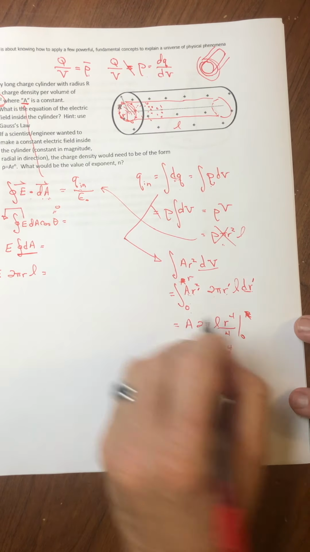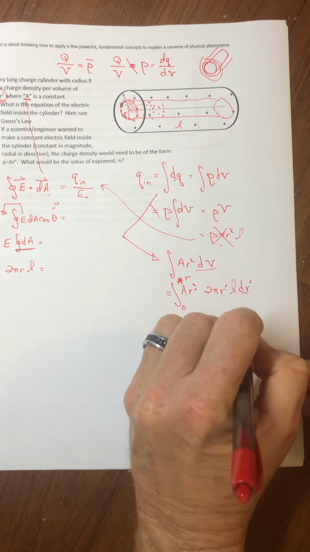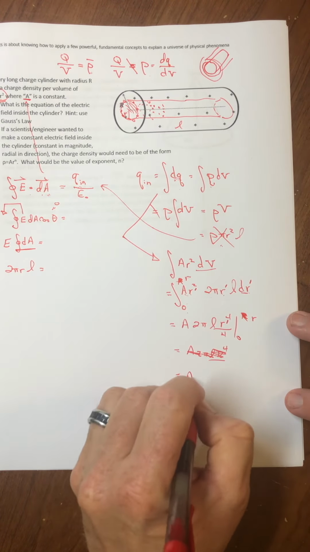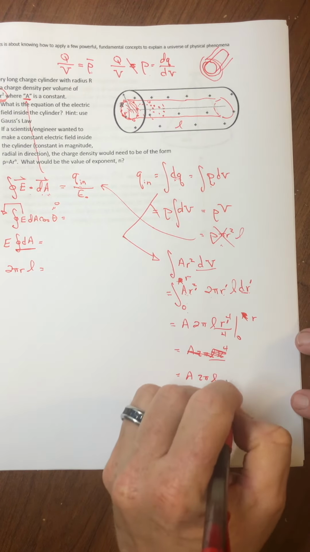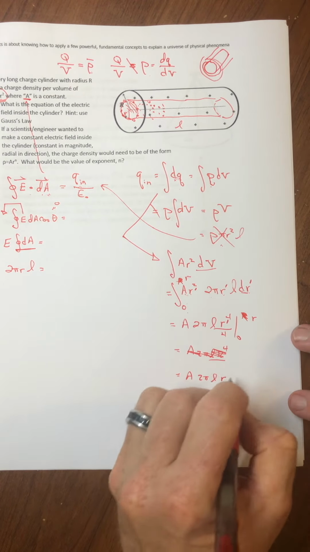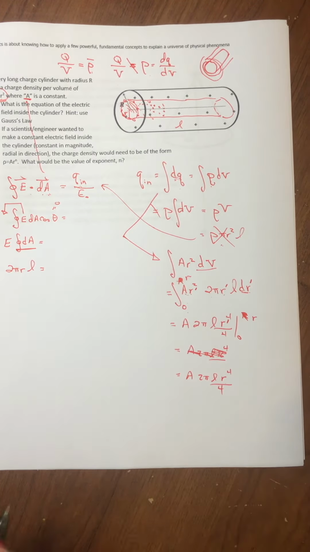So my integral has a prime and is evaluated from 0 to little r. This would be a times 2 pi times L, and then r of the Gaussian surface to the 4th power over 4.